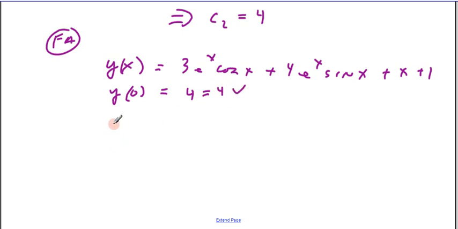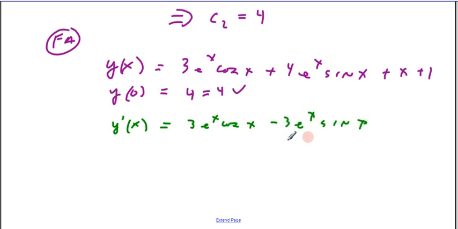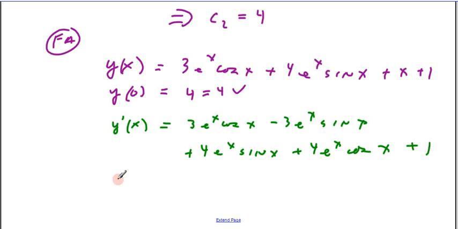Okay. Y prime of x is 3 e to the x cosine x minus 3 e to the x sine x plus 4 e to the x sine x plus 4 e to the x cosine x plus 1.